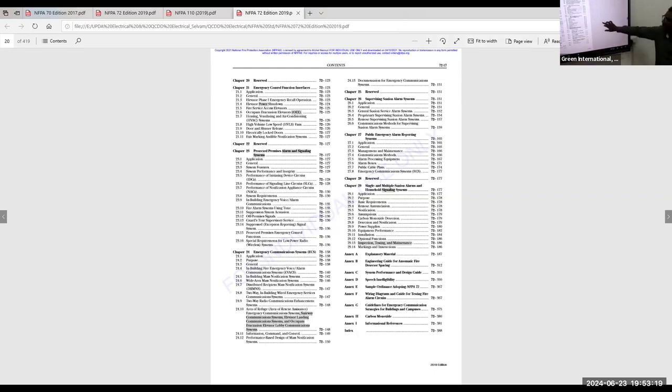So for this NFPA 72, we need to refer to the definitions, and chapter 3 and chapter 14, where we can get more questions. Similarly, we go to the next chapter, 101.